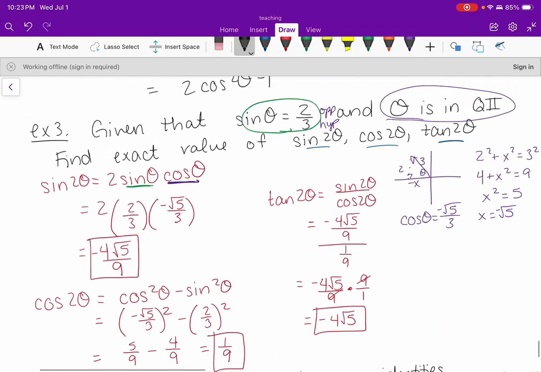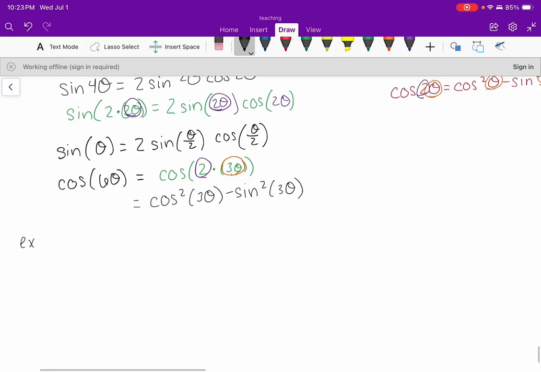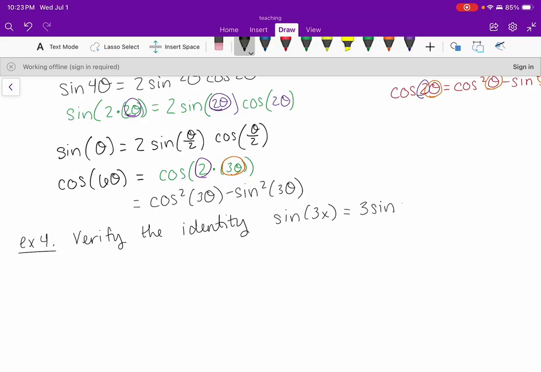Another use for the double angle identities is we can use them when verifying. So let's do a verifying identity problem. This is example 4. We're going to verify the identity sine 3x is equal to 3 sine x minus 4 sine cubed x.